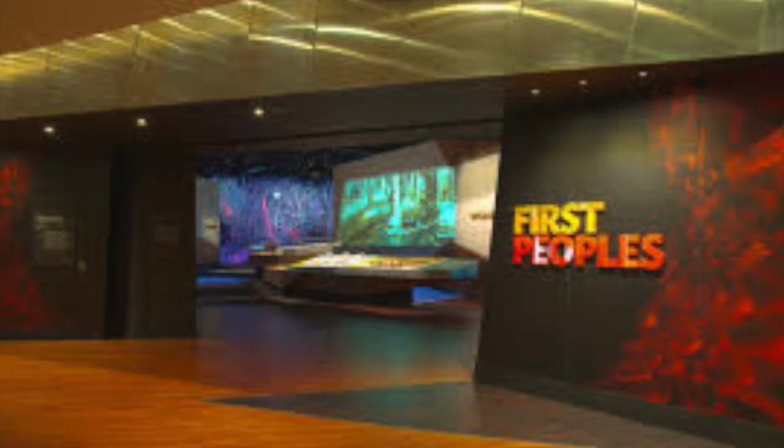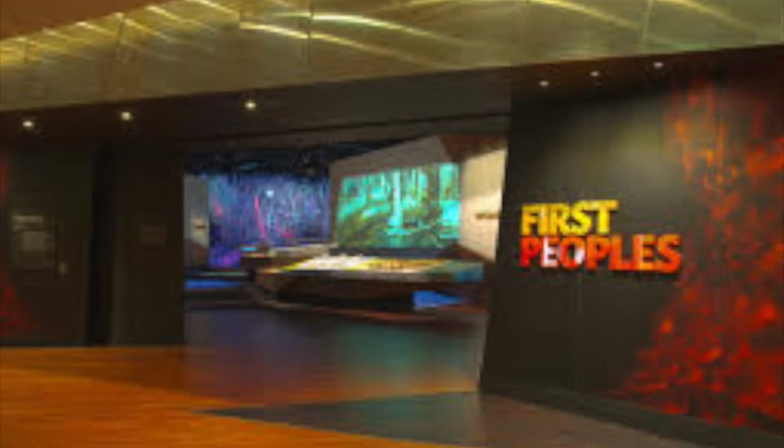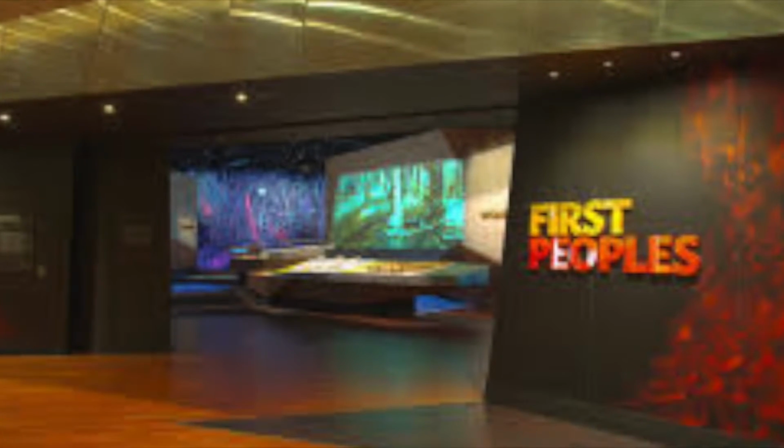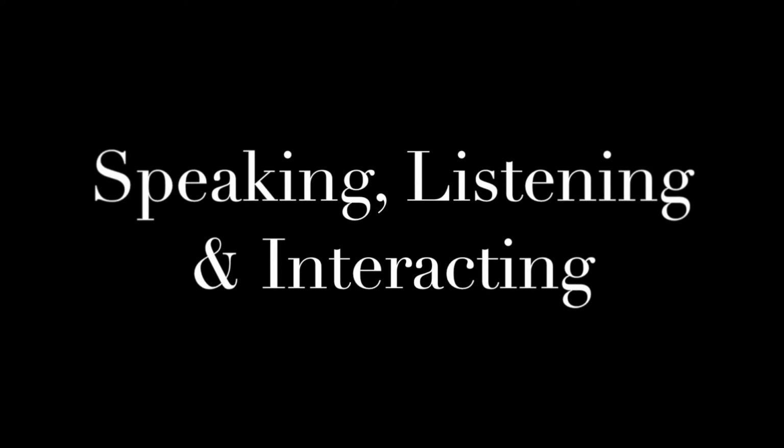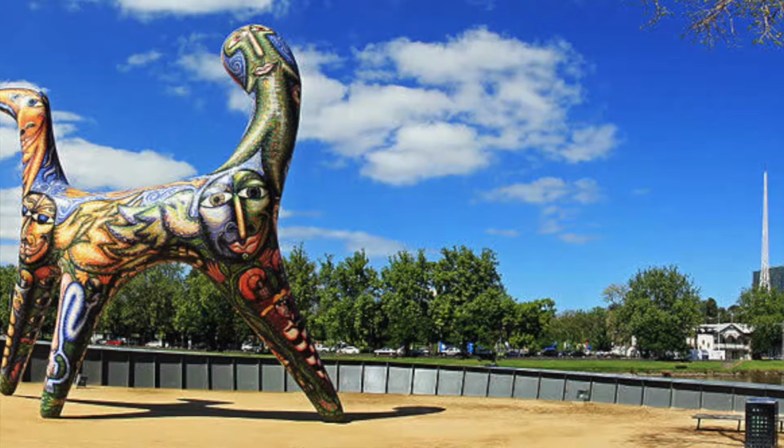For students who lack confidence in speaking and inquiry skills, Bunjilaka also offers the opportunity to develop these skills by speaking, listening, and interacting with multiple sources at the exhibition, as well as each other in a peer learning environment.